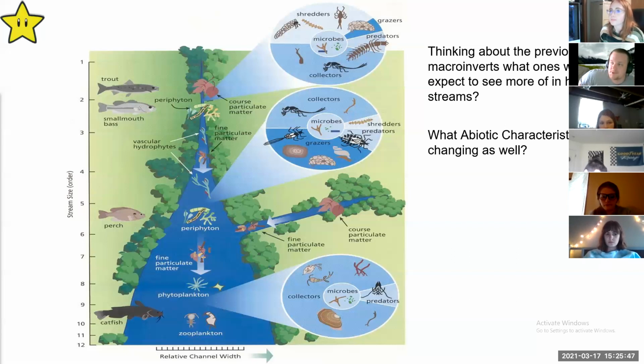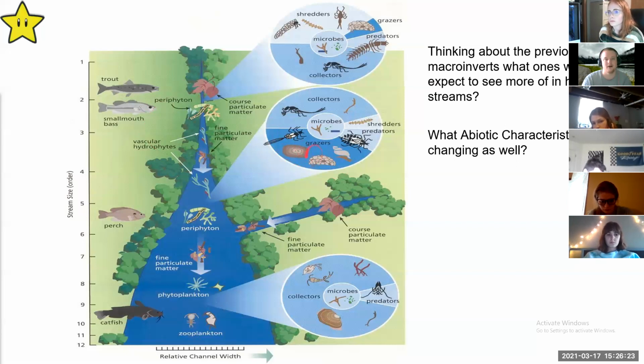Yes, thank you. So these mid-gradient streams, again, they're not as steep, so the water is flowing a little bit slower. You have fewer riffles and falls. The stream's wider, so you don't usually have trees completely covering it, which means there's more sunlight reaching the water, which means rooted aquatic plants can grow. There's going to be more insects feeding on aquatic algae.